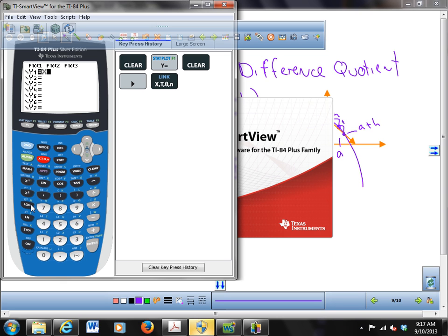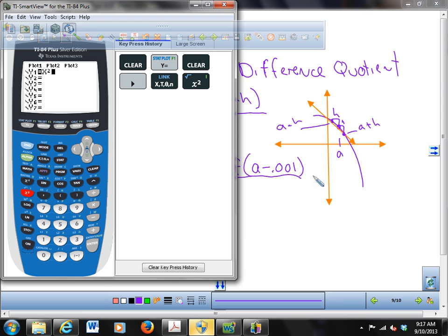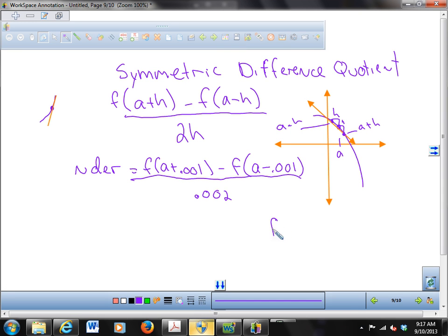X squared. Okay? So I'm going to plug in the function and say I want to find the numerical derivative of f of x equals x squared at 2. Okay? Watch what you can do.